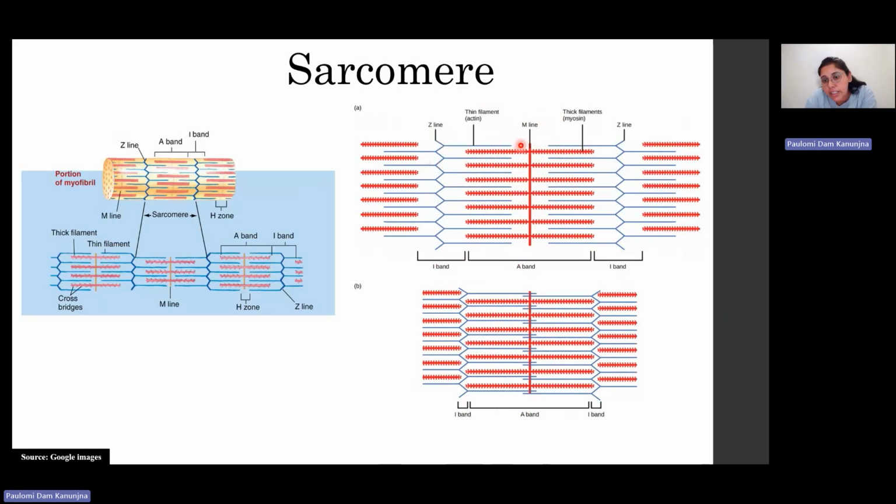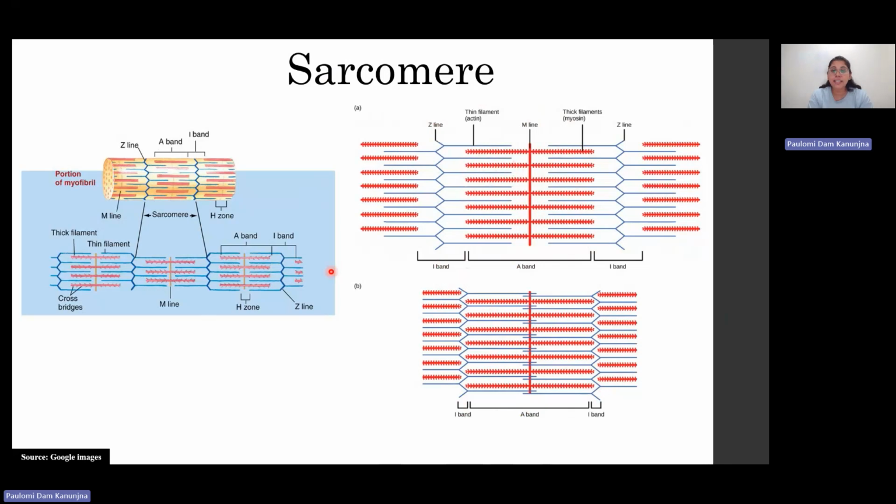So these come here, which means these are also getting pulled, and these are also getting pulled. So all this distance becomes very small and disappears. But what stays the same is this length, meaning your myosin doesn't change. It just pulls the actin closer, right? So that's your sarcomere, and that's all about your sarcomere contraction.